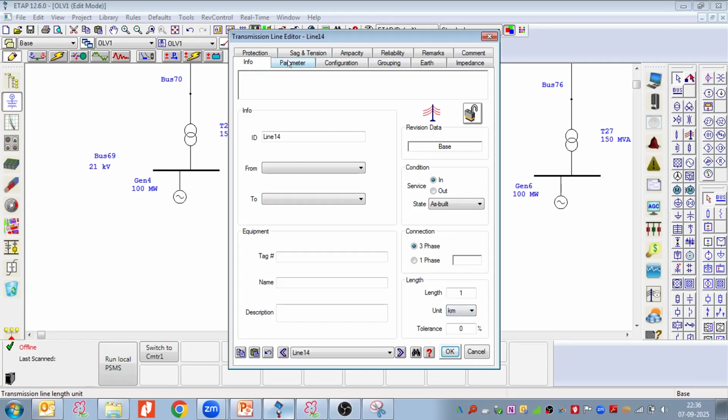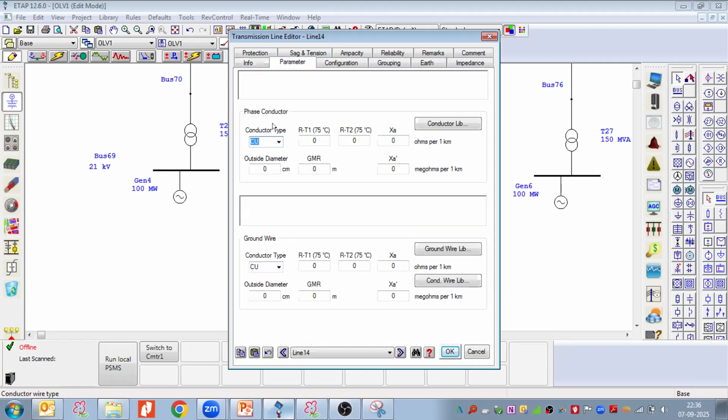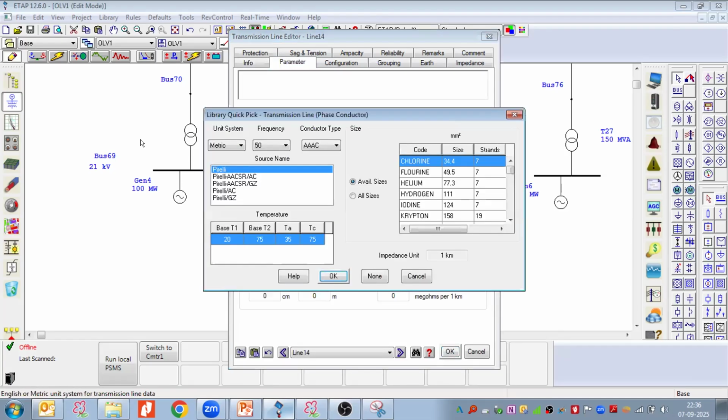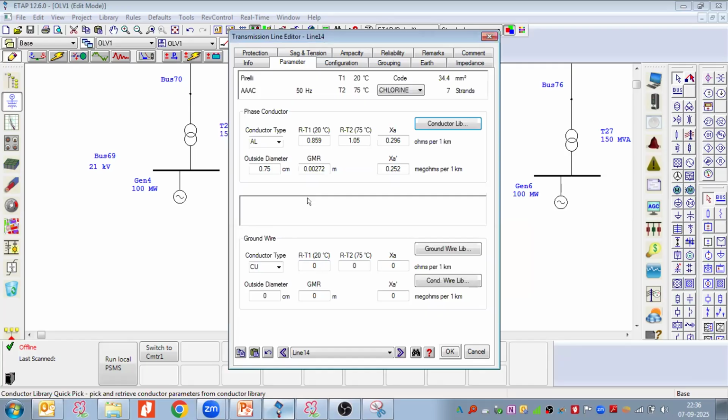Okay, then after that we go into the parameters. In the parameters, ETAP has an inbuilt library. From that inbuilt library we can select the required conductor type, and based on the selected conductor type, the resistance R value and X value ETAP automatically suggests.